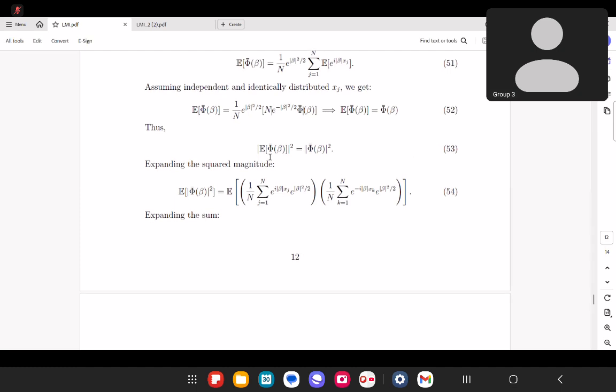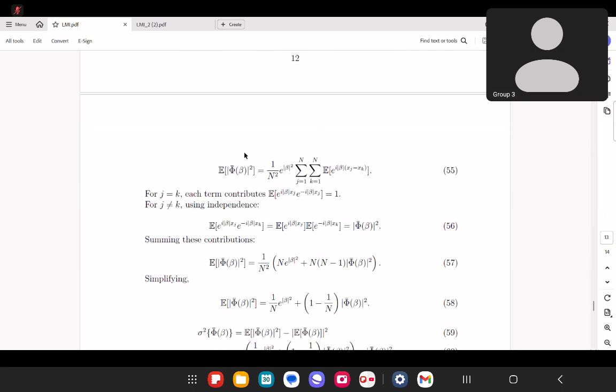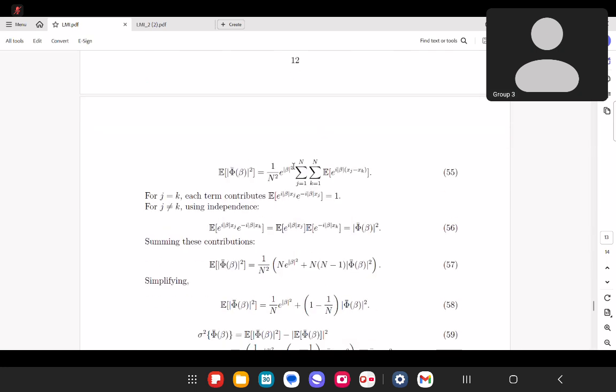Now let us calculate the second term, the expectation of phi of beta square. We'll write it in terms of a summation and combine that into two types of terms: when j equal to k and j not equal to k.